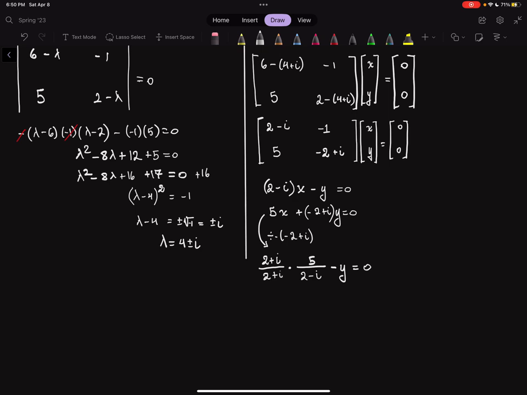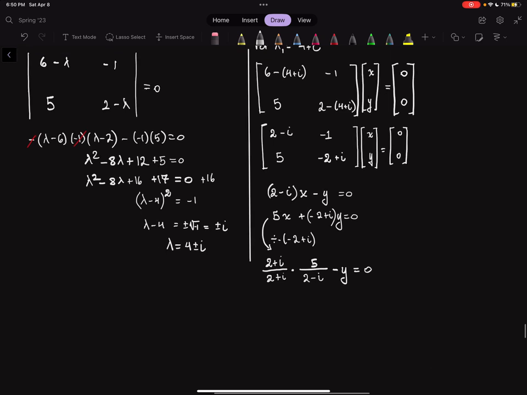The conjugate is the same real part, but the opposite of the imaginary part. Well, then we would have at the bottom 2 plus i times 2 minus i, which is the difference of squares, so that's going to be 2 squared minus i squared. The top, however, is going to be 2 plus i times 5 minus Y is equal to 0.